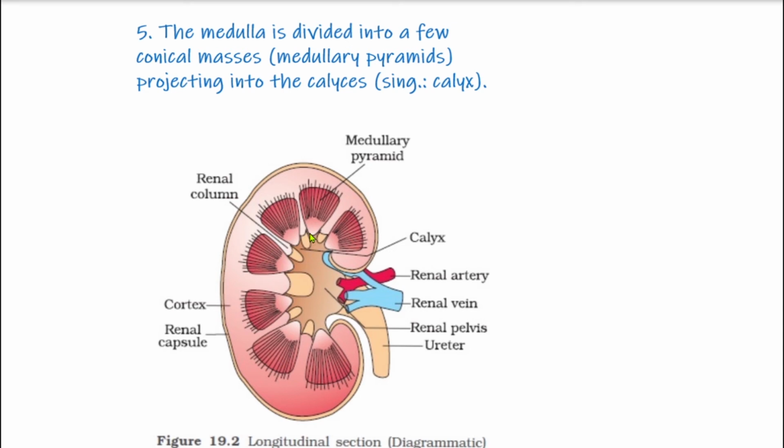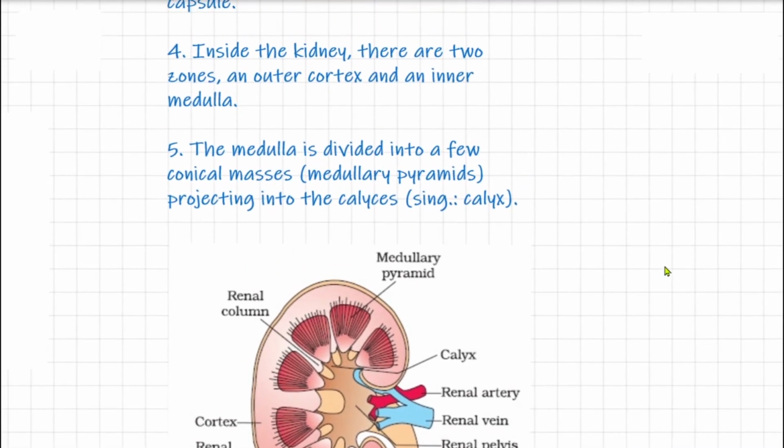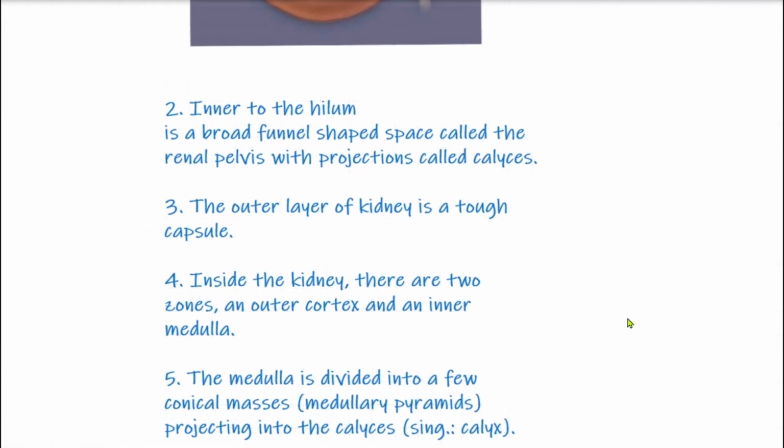The calyces will collect the urine and drain it into the renal pelvis, and the renal pelvis will drain the urine into the ureter. So students, I think it is clear. Inner to the hilum is a broad funnel shaped space called the renal pelvis with projections called calyces.